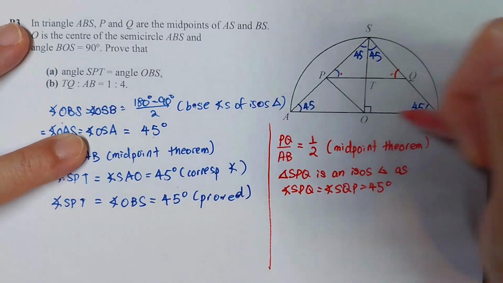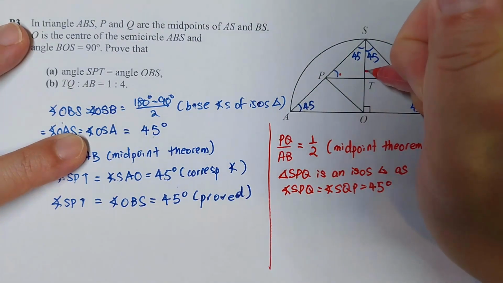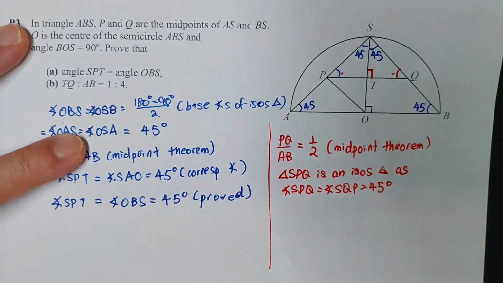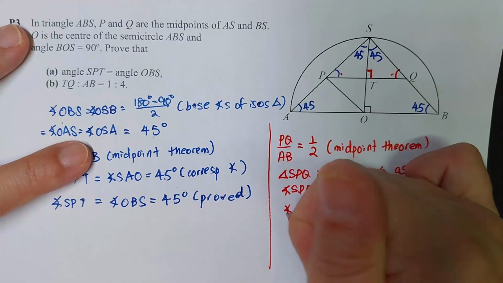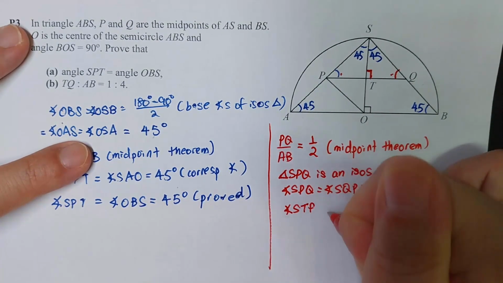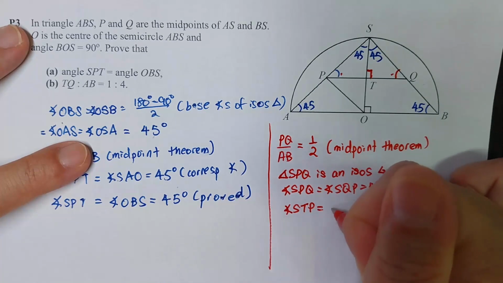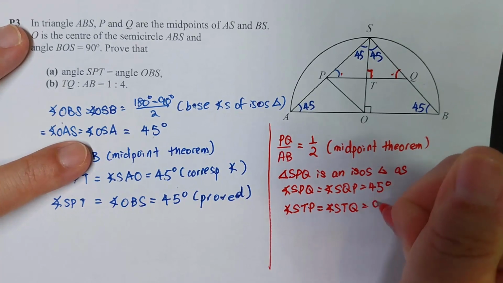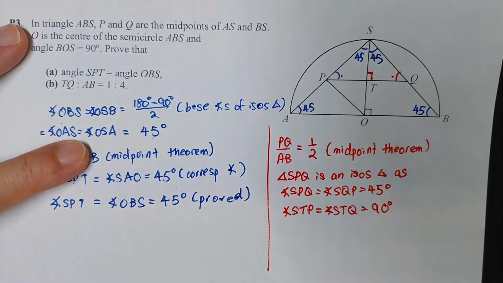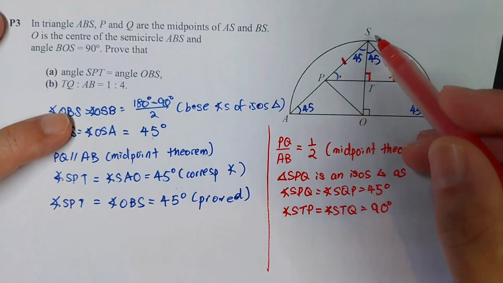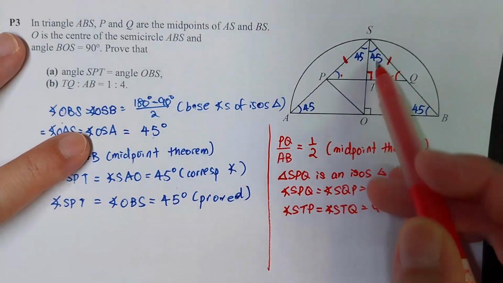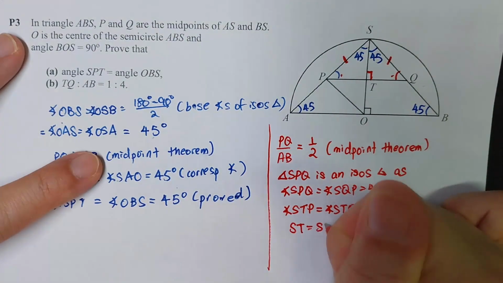Also, because these two lines are parallel, angle STQ or angle STP is also 90 degrees. So triangles SPT and SQT must be congruent triangles. And we have ST being common.